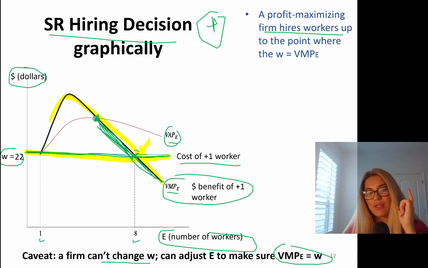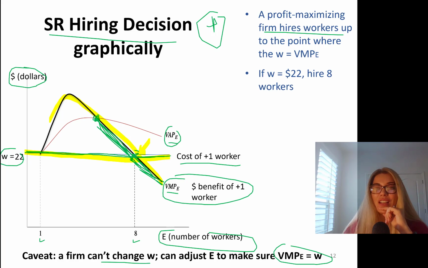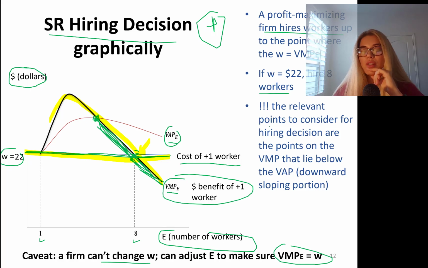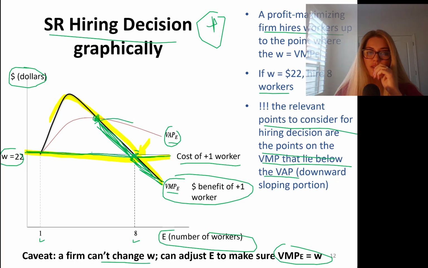Now I'm making it really thick green curve. So if the wage rate is $22, hire 8 workers. The relevant points to consider for hiring decision are the points on the value marginal product that lie below value average product. So we want the downward sloping this portion. So just consider this portion of the value marginal product curve.